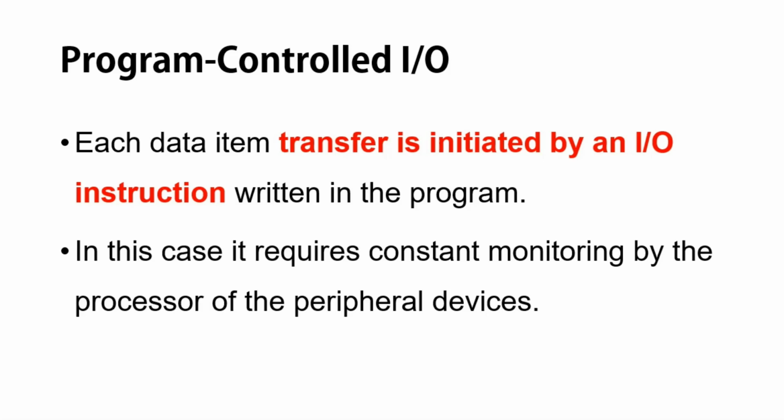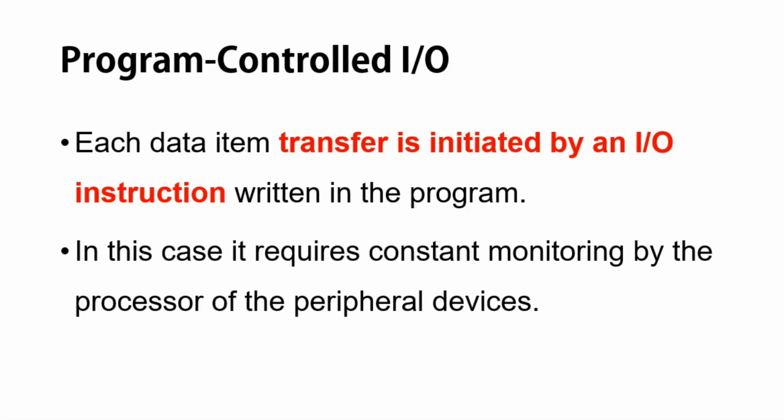Also, if programmer wants to produce data on the display, programmer explicitly writes the instruction which is nothing but output instruction. So whenever processor executes that particular instruction written in the program, processor makes input output operation. So if the instruction is present in the program regarding input or output, then only input output operation happens. It is called program controlled I/O.